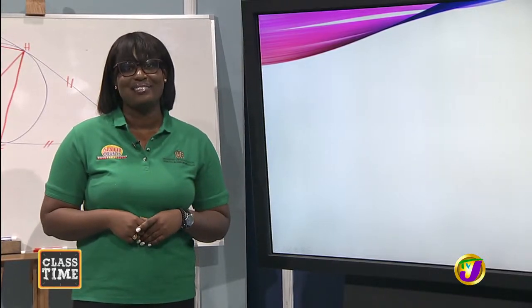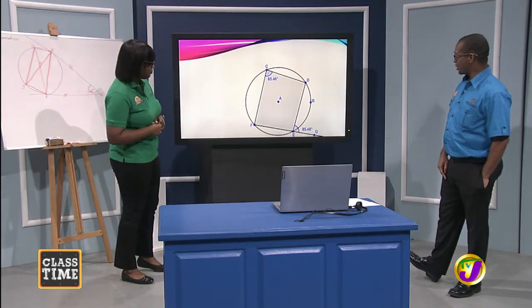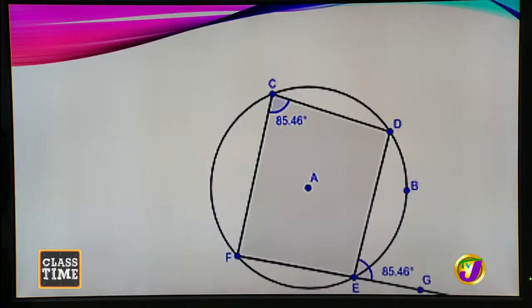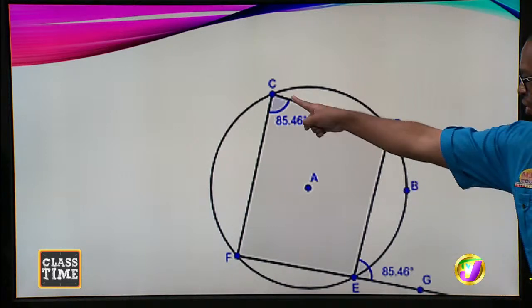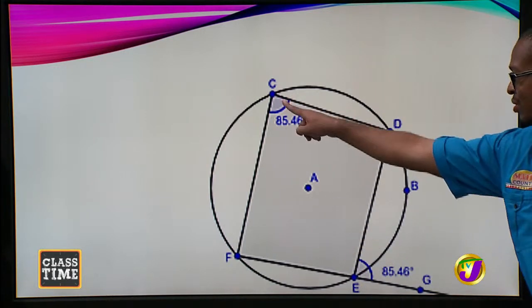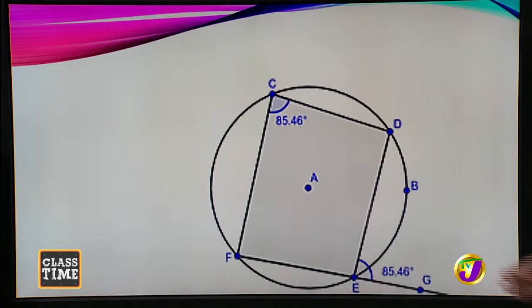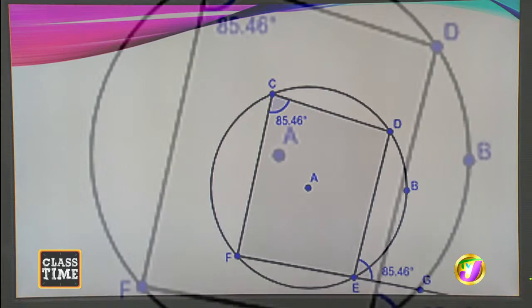Okay. So look at this. I'm hoping you're able to see. That is basically what it's going to boil down to. We don't necessarily need to go through the long method, because we know the relationships are supplementary in both situations.